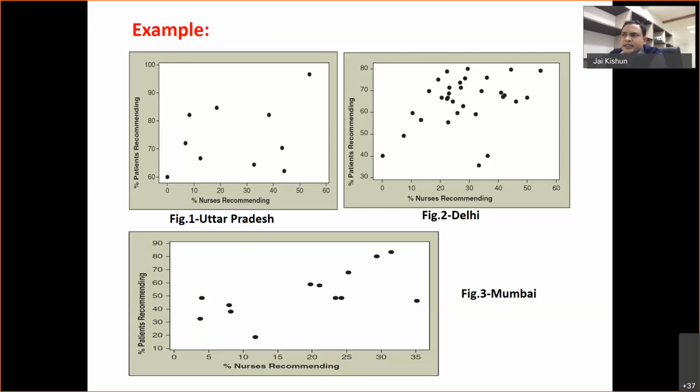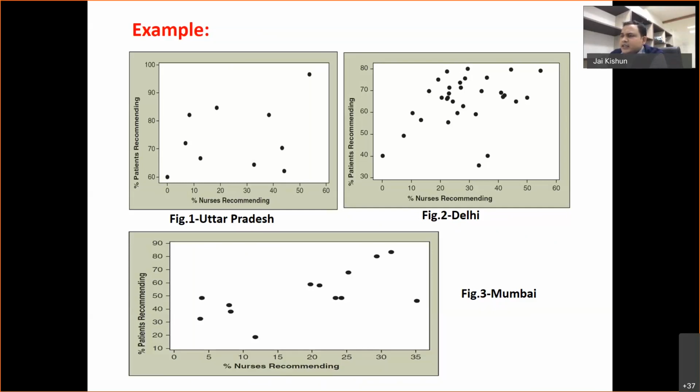When we see this for Uttar Pradesh, we found that the plotted points are very scattered. Very scattered means if you try to draw a line to see the relationship, you will not find a good relationship.